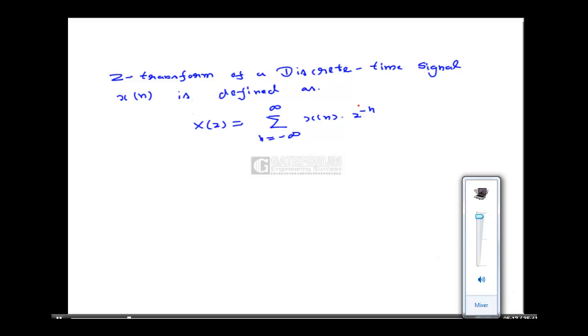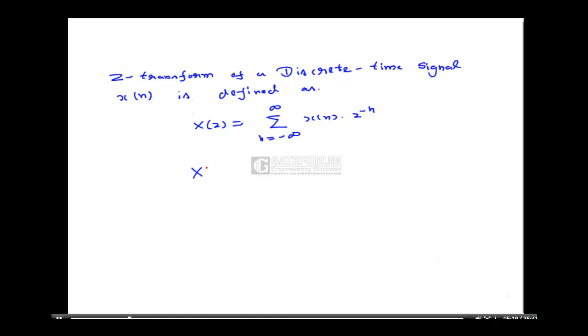Compared with the Laplace transform, X(s) equals the integration of x(t) e to the power minus st dt. So x(n) is compared with x(t).